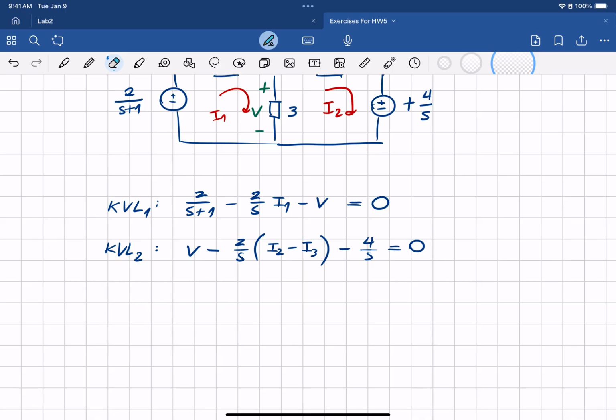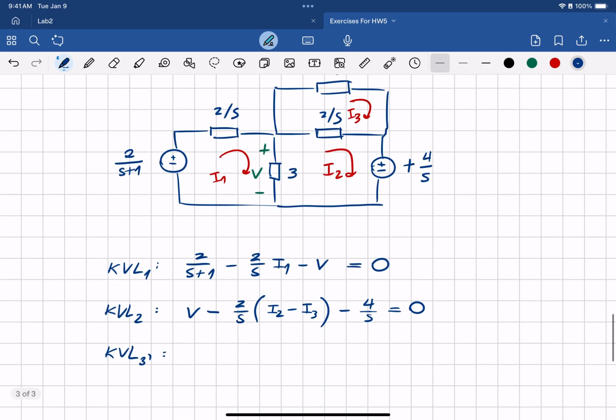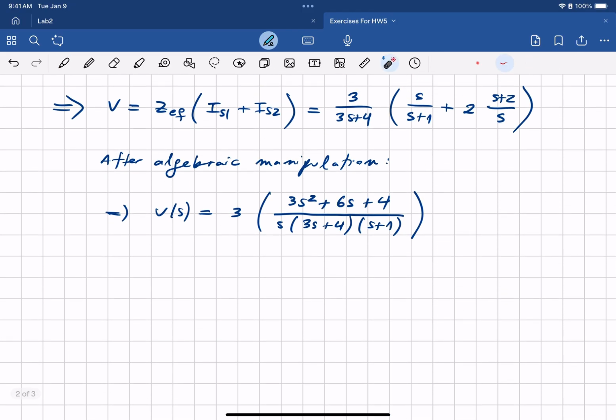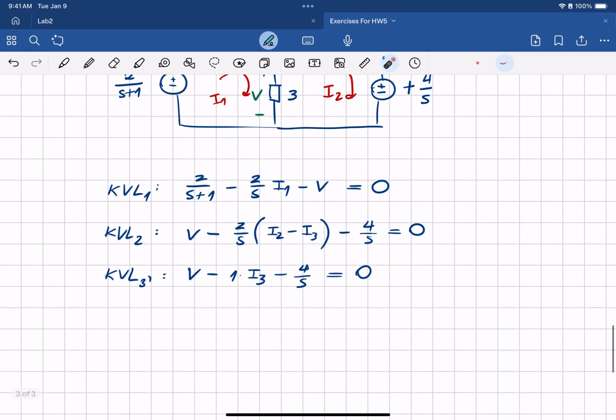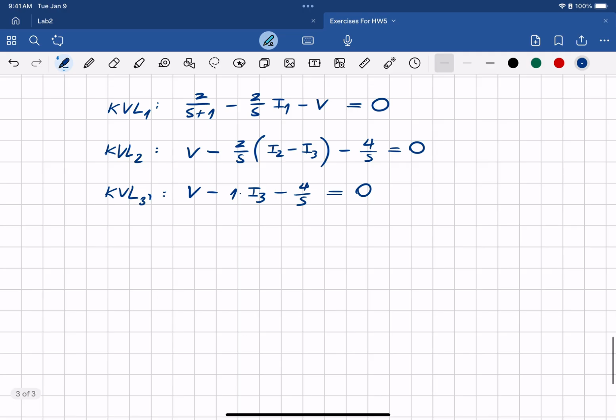So we can do that. Let's call it KVL 3 prime, which is not the same one that we defined previously, but we're going to have V minus 1 times I3 minus 4 over s equals 0. So again, now the key is that we have V. It's a very big expression, but we have it, and we can use all our knowledge in algebra to get to expressions for I1, I2, and I3.